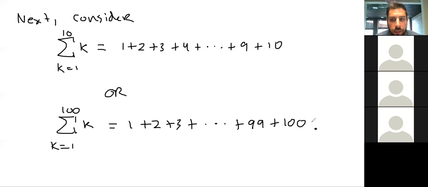Does anybody know the shortcut to this? Does anybody know the answer? Even if you know the answer, what's more interesting to me is how one might obtain the quote-unquote shortcut.